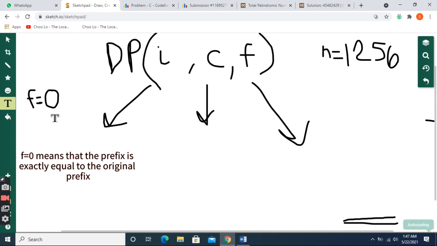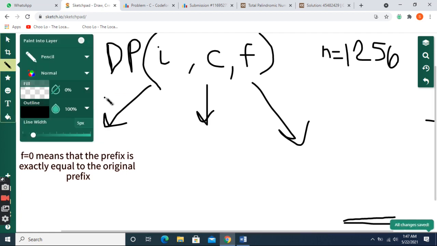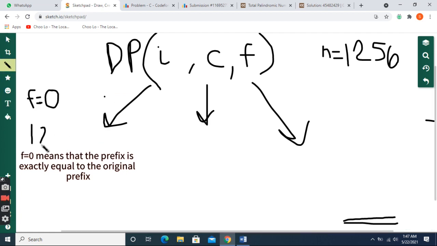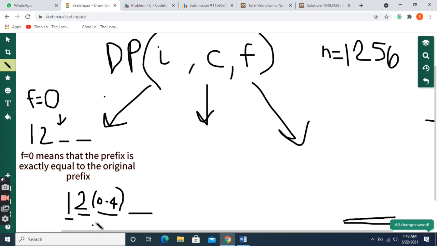So the first case is that f is equal to 0, which means that the number that I have formed is of the form 1 2 dash dash. So now in this case, for the next digit, let's say I'm at this position, I can fill only the numbers 0 to 5. So my first case is that I fill the numbers 1 2, and in this position I fill any number between 0 to 4, dash dash. In this case, my number will remain less than 1 2 5 6.